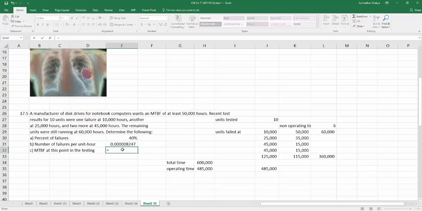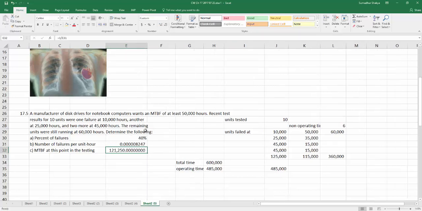But the bigger picture is brought to light by the mean time between failure, which says at this point we will have, oops, why is it like that? Okay, well, we don't need that many. Okay, cool. And we want this in commas.